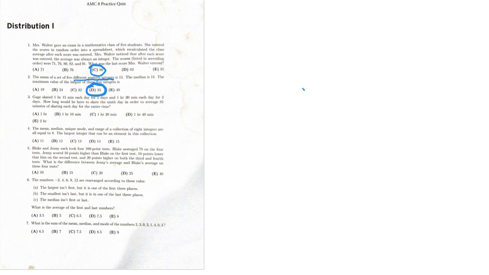So, the first 5 days, each day he skated 1 hour 15 minutes. 1 hour 15 minutes, that's 60 minutes plus 15, 75 minutes. So first 5 days, he skated a total of 375 minutes.